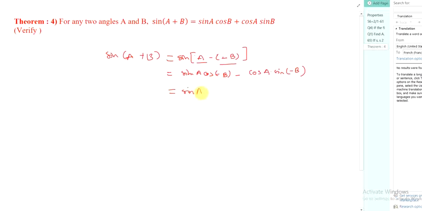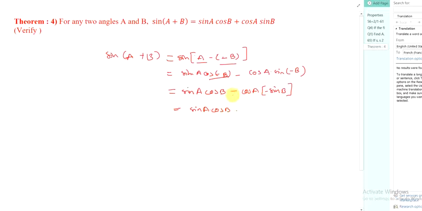Sin A does not change, it remains as it is, but cos(−θ) is equal to what? Cos θ, that is cos B, and minus cos A, and what about sin(−θ)? Minus sin θ, minus sin B.